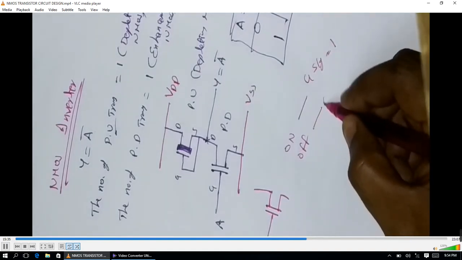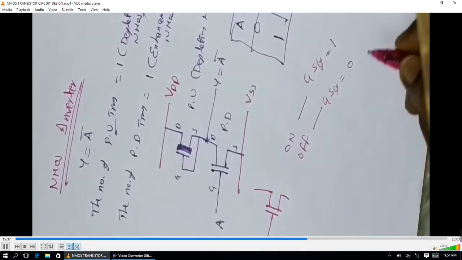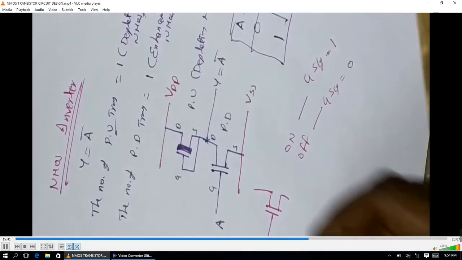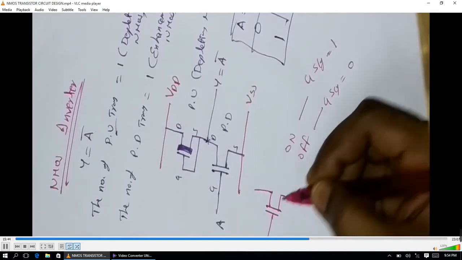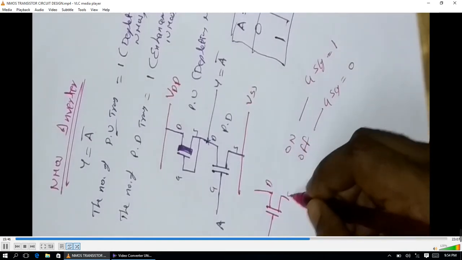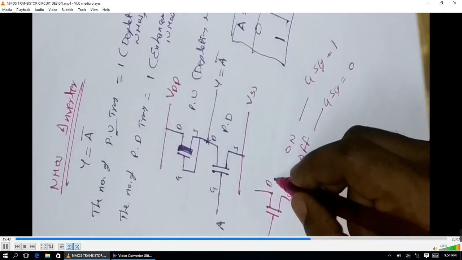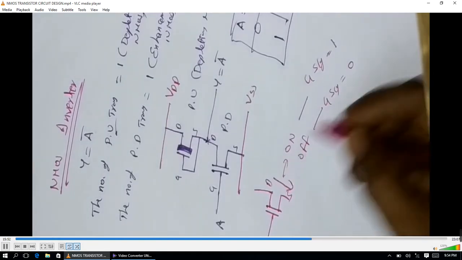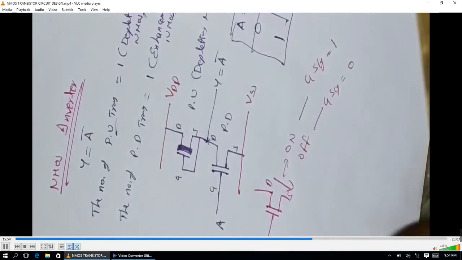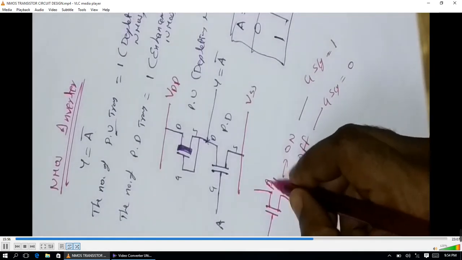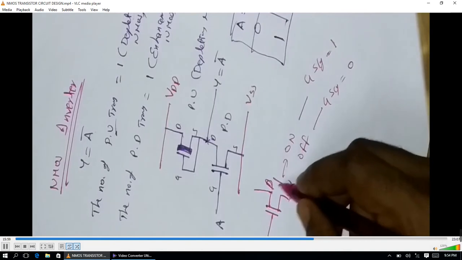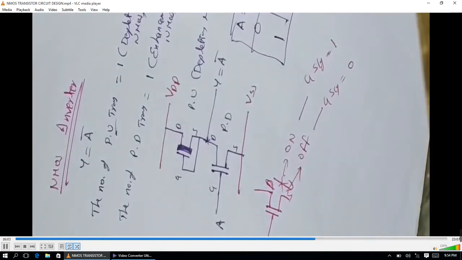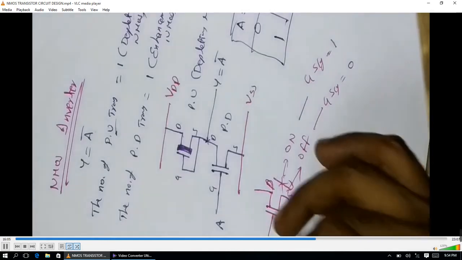It is off when the gate signal is 0. When we give input 1, the drain and source are shorted and it acts as a closed switch, that is the on state. If you give 0, there is no current conduction between drain and source, that means there is no current path, and that becomes the off state. That is the switching function of an NMOS transistor.